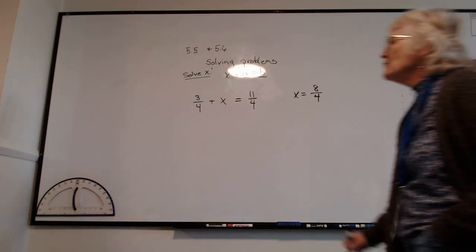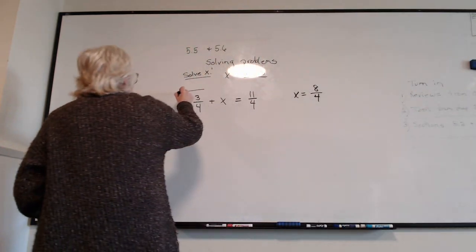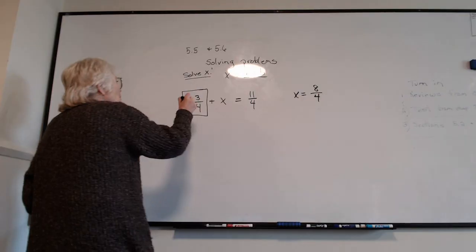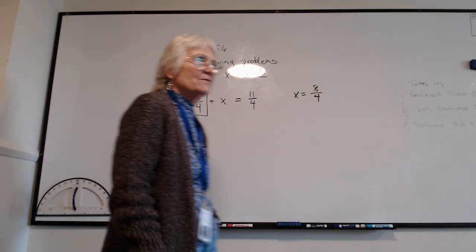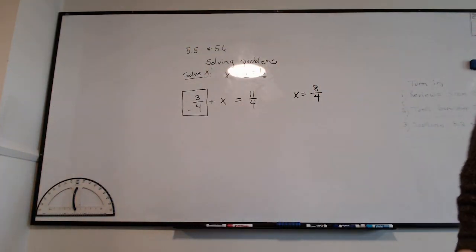So if we look at this right here, we have a positive 3/4. Does everybody agree with that? That is a positive 3/4. We want to zero it out. How do I zero out a positive 3/4? How do I make it 0?